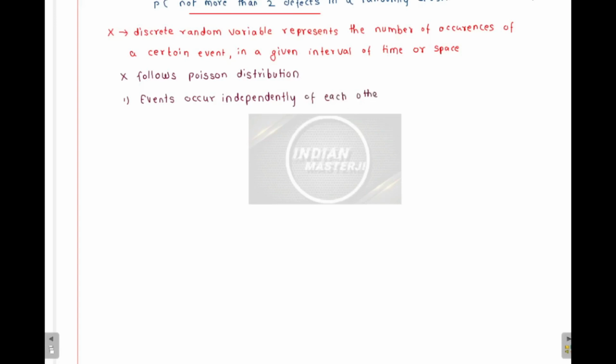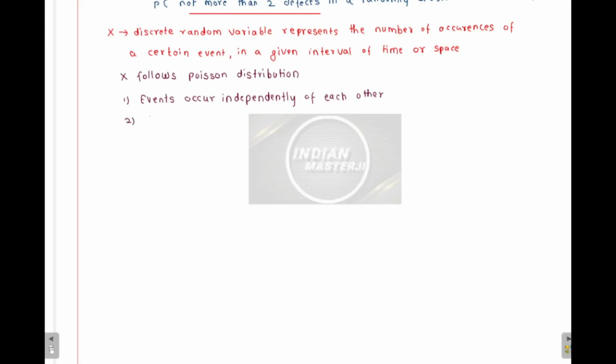So for the check post scenario, the cars reaching the check post are coming independently of each other. For the second scenario, the metal plate, for every 10 meters square, we are talking about the defects. These defects which occur are independent of each other.